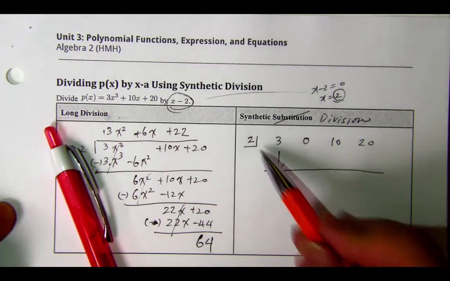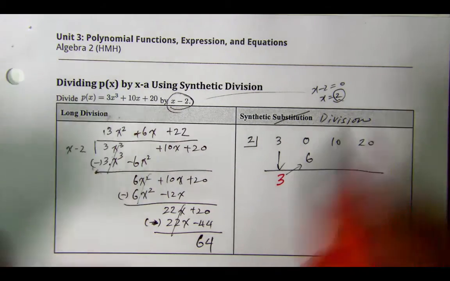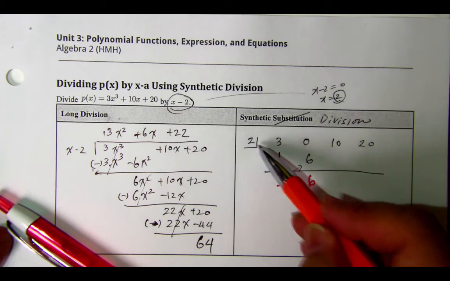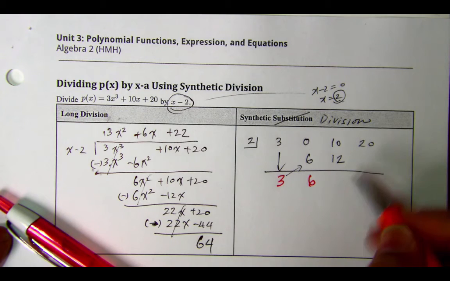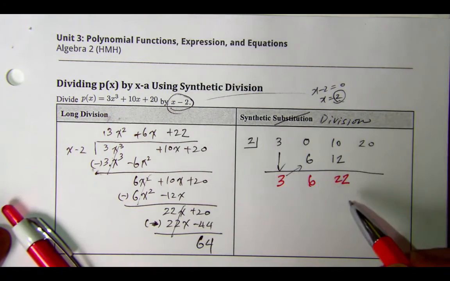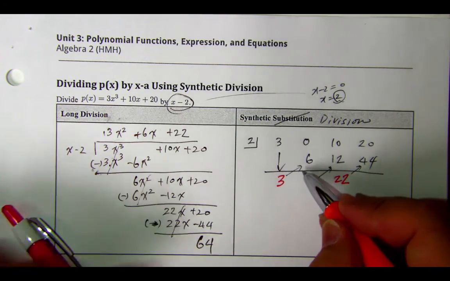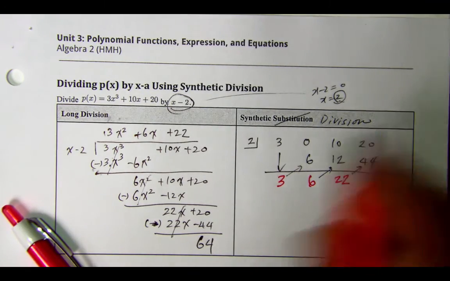Then you multiply 2 and 3, you get 6. You bring it down, you get 6. 2 times 6 gives you 12. You bring it down, I get 22. You multiply these two together, it's 44. Every time you go this way, you multiply it by this value right there. Okay? Adding these two, we get 64.